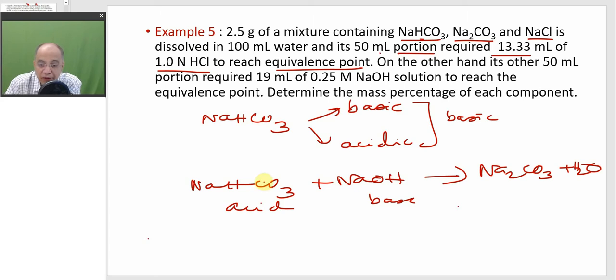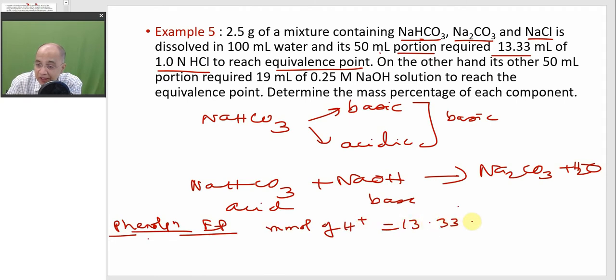Right? So I'm writing endpoint in short. How much required? 13.33 millimoles of H plus ion, which is 13.33 into 1. 1N means 1M, so forget 1. It is 13.33 millimoles, and that is the entire endpoint.